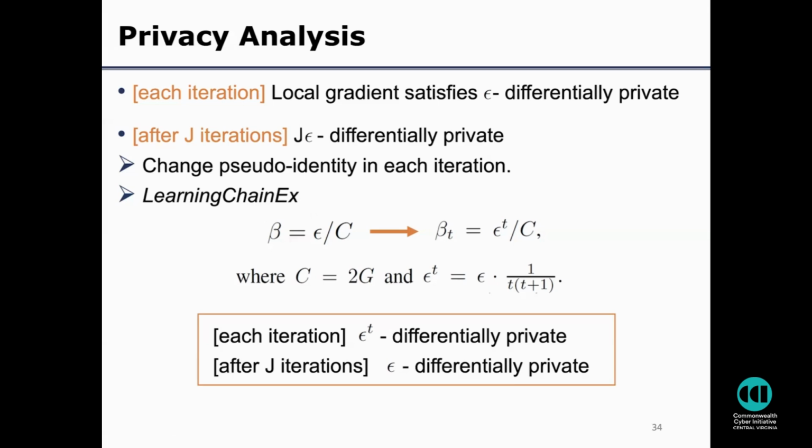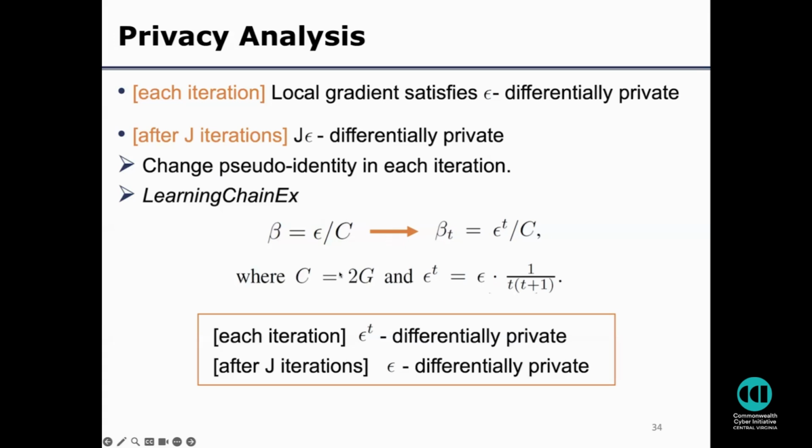Then how to enhance the privacy? One way is to let each data holder use a different pseudo identity in each iteration. The other way is to enhance the scheme.